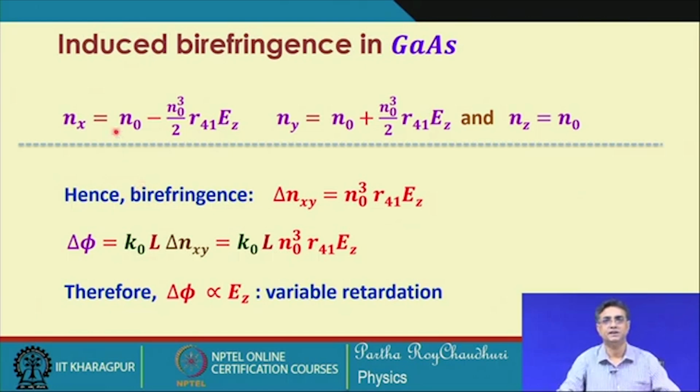Therefore, the birefringence that is seen by the x and y polarized light in the new principal axis system will be delta n x y, which is equal to the difference of these two quantities, that is equal to n cube r 41, where r 41 is the electro-optic coefficient of gallium arsenide, into E z, and then the phase retardation, phase delay, that is equal to k 0 L delta n x y, where L is the length of the crystal over which the light propagates and interacts with the crystal, which is equal to this.